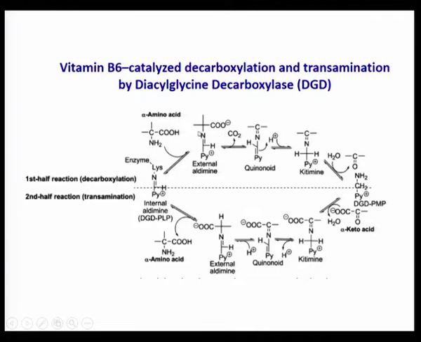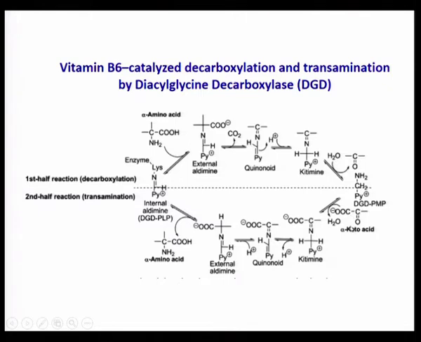Okay, so you see there how this proceeds to the formation of quinonoid through external aldimine. So this external aldimine is what we mean by the Schiff base. Here you proceed further by a quinonoid structure which is stabilized, and finally we have ketimine.